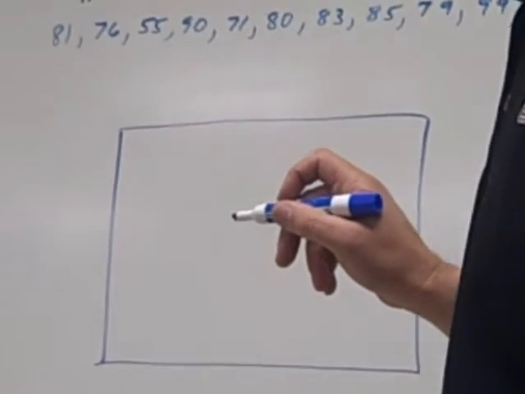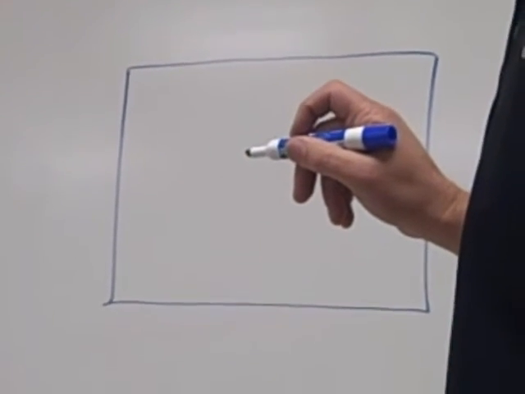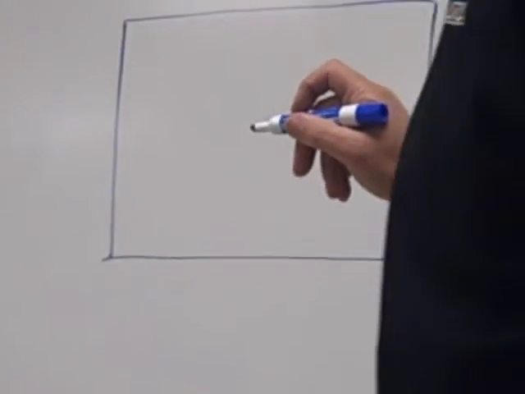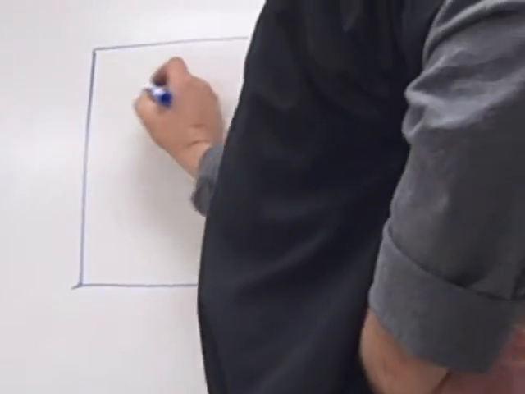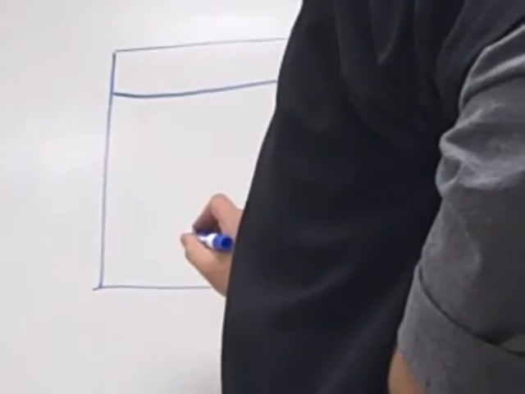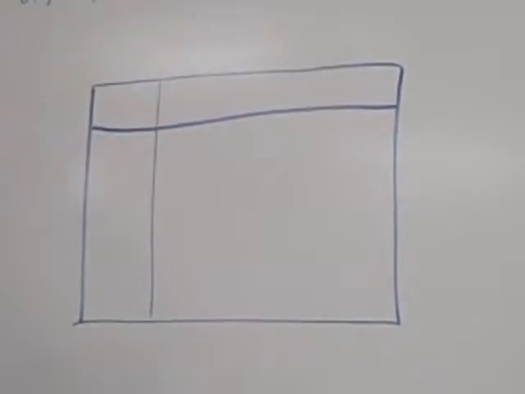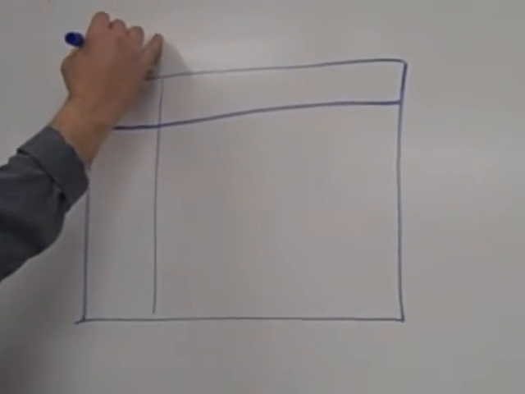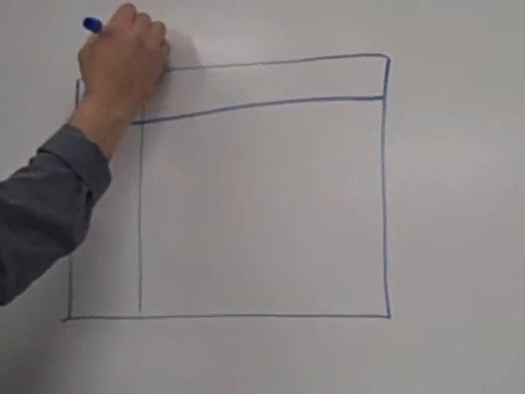What else do we do? Line across the top. The title. Across the left side. Title. Now, what are we going to put on the title for this one?